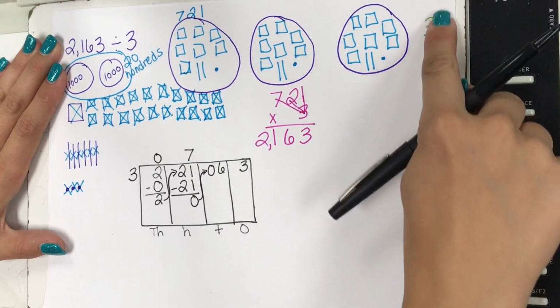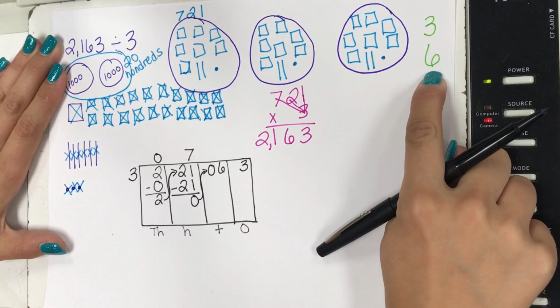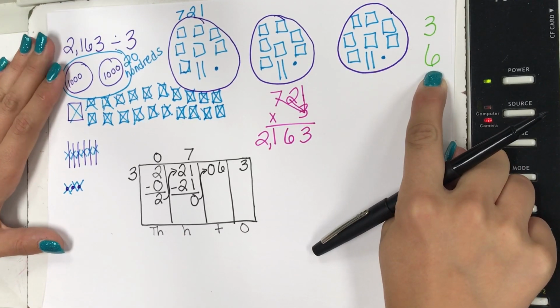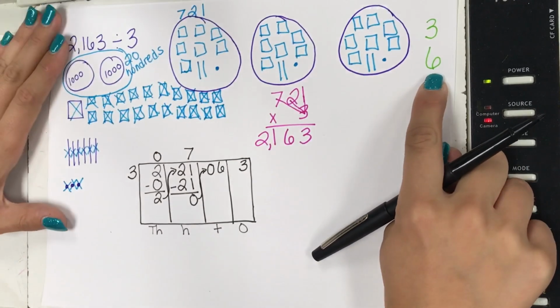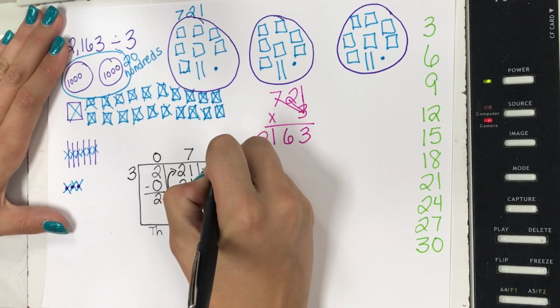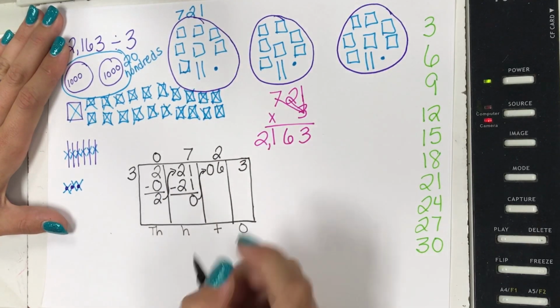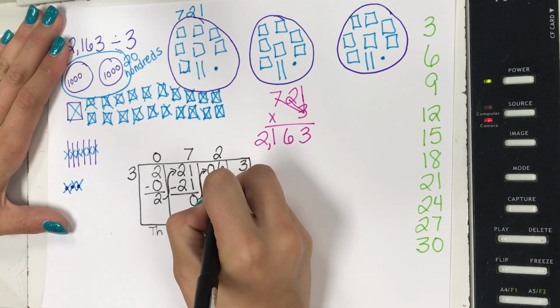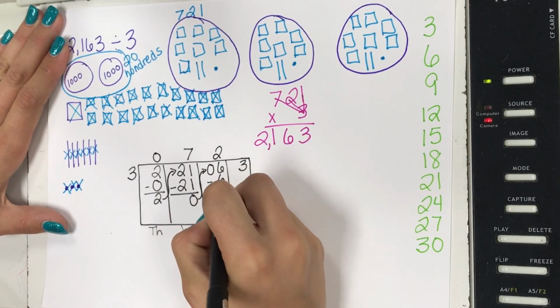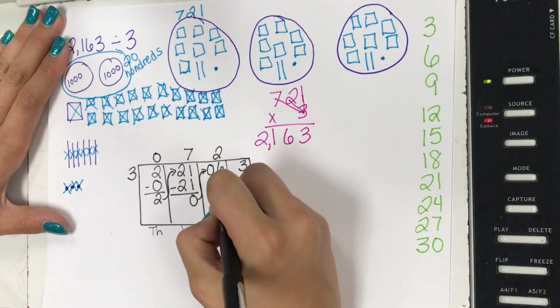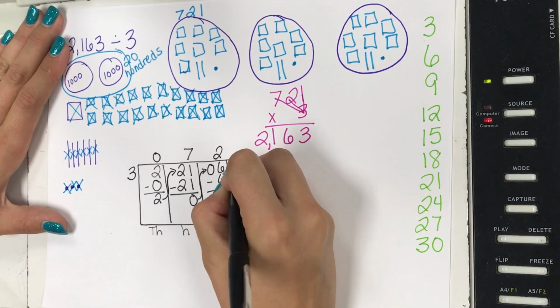First multiple that's bigger than 6 is 9. So how many are above it? 2. So how many did I use? 6. How many are left? 0. So I have none to bring over to my ones place.